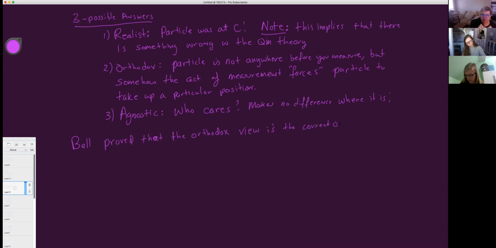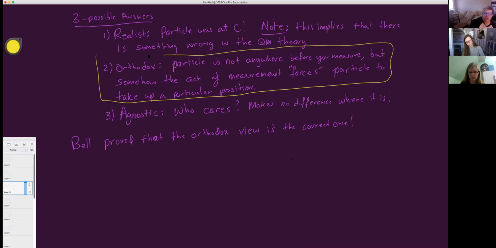So this is how reality works. The particle does not have a position. It is not anywhere before you measure it. Okay? That strikes you as strange because it is very strange.